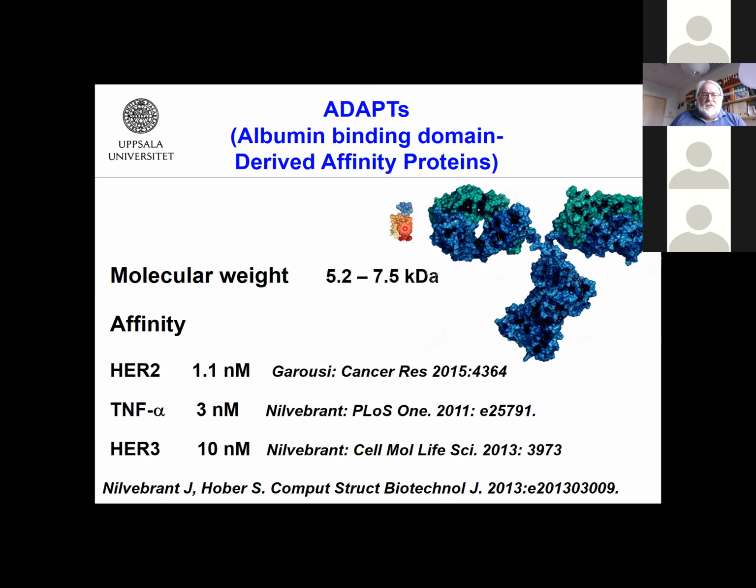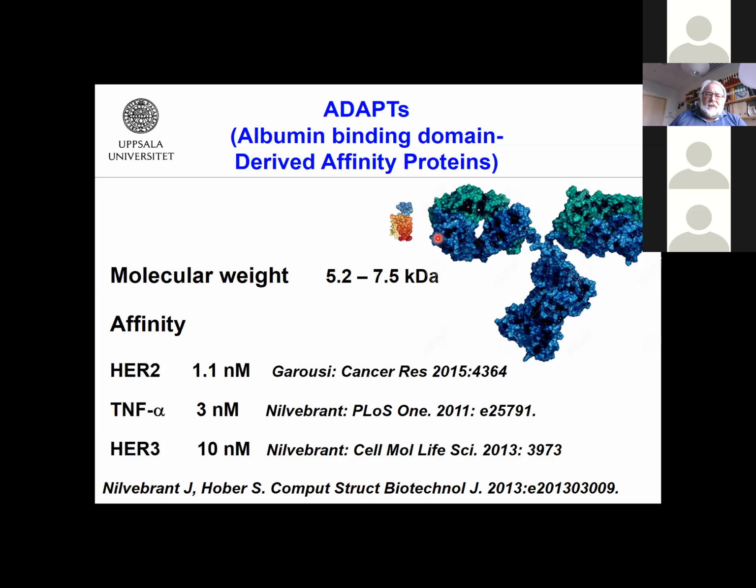Well, this cartoon shows again, in the same scale, the size of ADAPT and the size of immunoglobulin G, the most commonly used antibody, and you can see that ADAPT is much smaller.